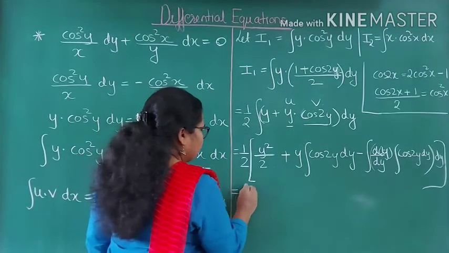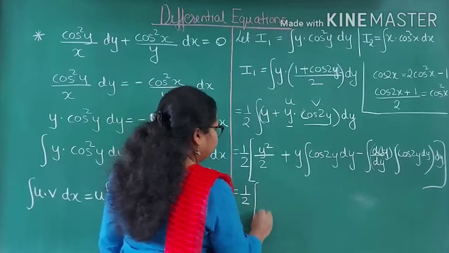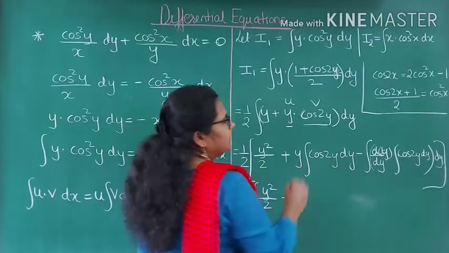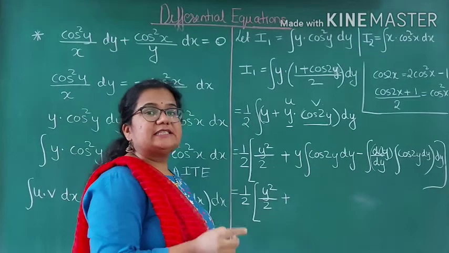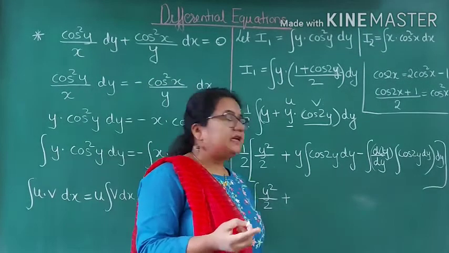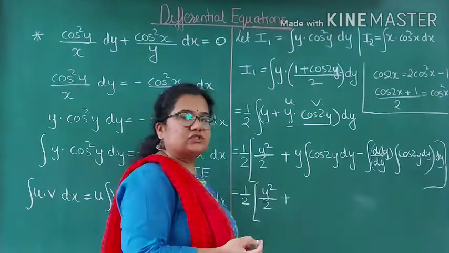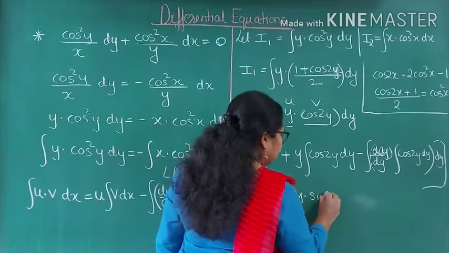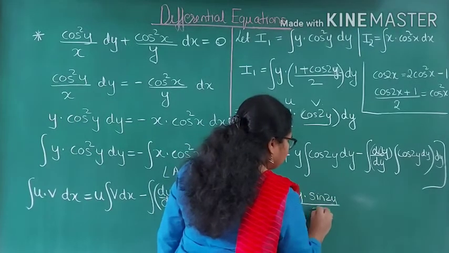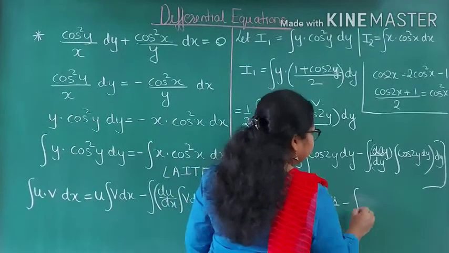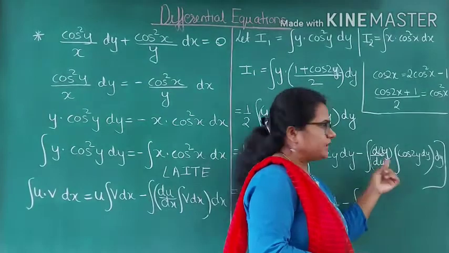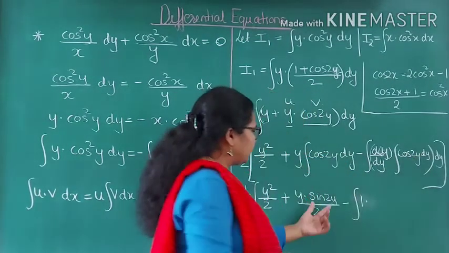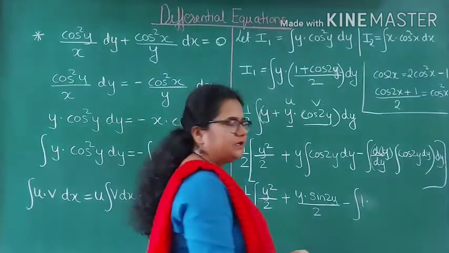So equal to 1 upon 2 into y square upon 2 plus, what is the integration of cos 2y? It is sin 2y divided by the coefficient of y, that is 2. So this will become y into sin 2y upon 2 minus, the derivative of y with respect to y is 1, integration of cos 2y, now only we have written it is sin 2y upon 2.